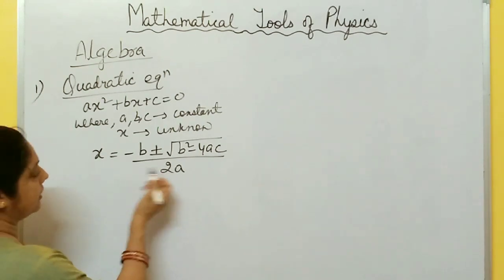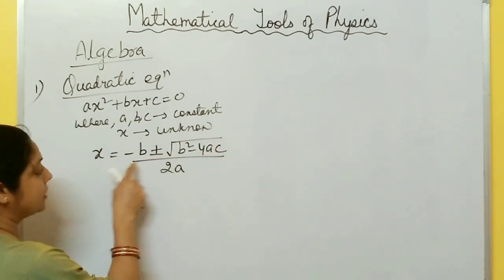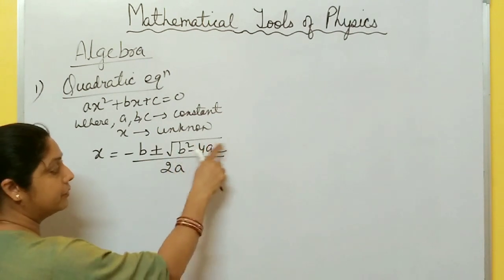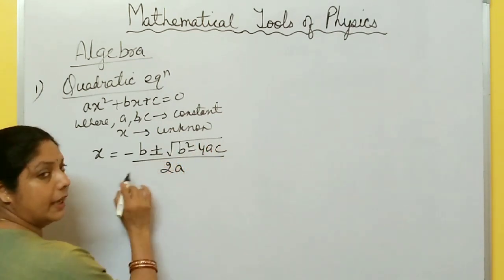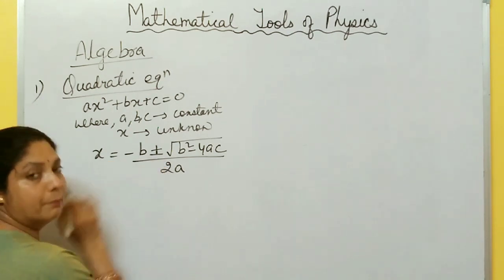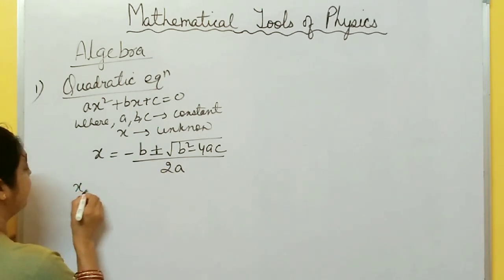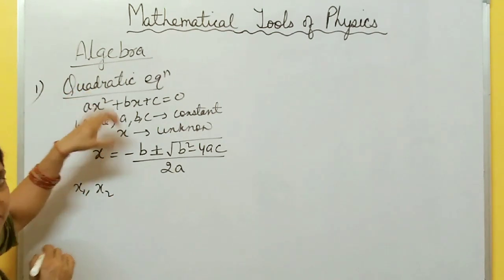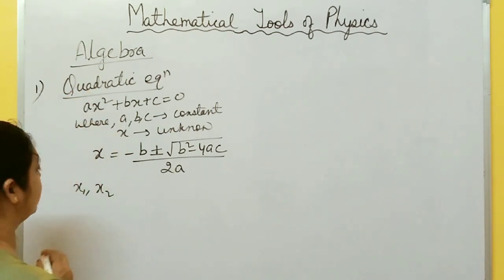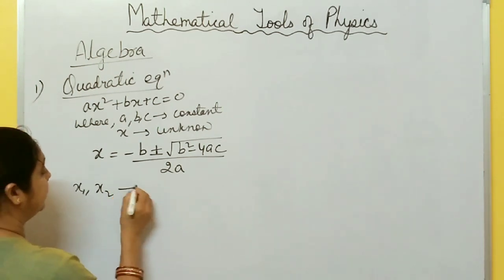I have written x equal to minus b plus minus under root this one by 2a. So one value is with plus and another value of this x is with minus. In this way x1 and x2 are 2 values of x, or you can say 2 roots of this equation.